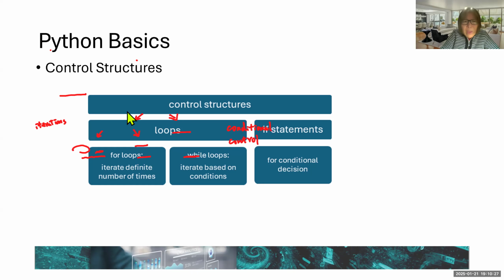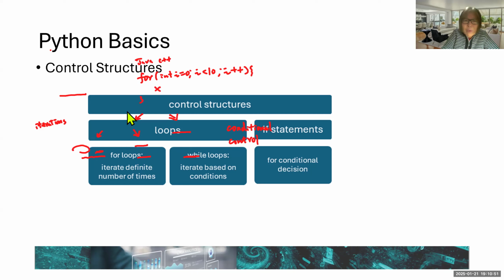Okay. And in Python, it's a little bit different from other programming languages like Java or C++. If you do for loop, you can do this kind of for loop: for integer I equals 0, I less than 10, I plus plus. Then we can do something like this.